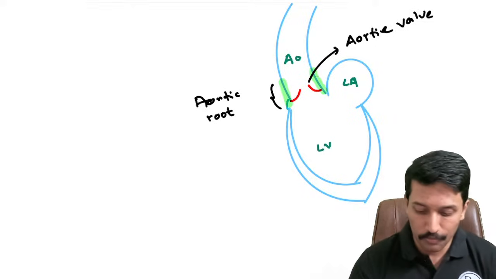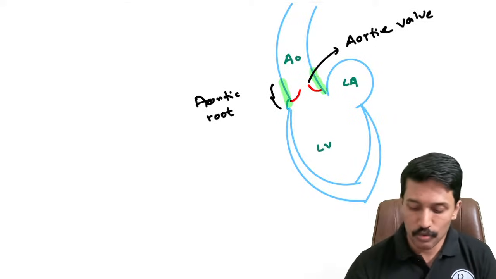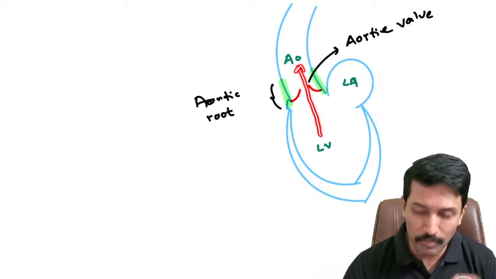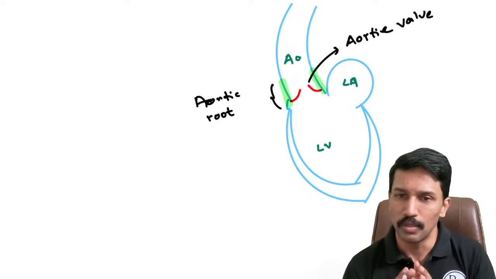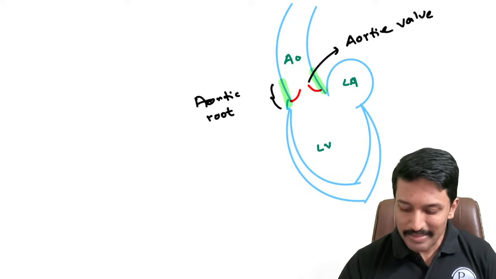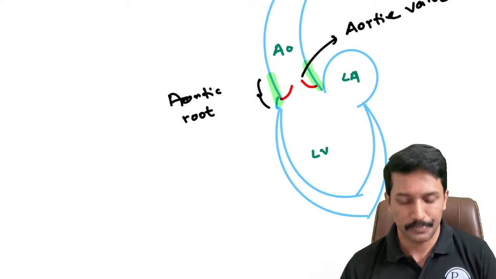And the reason why the aortic valve is there is to allow the unidirectional flow of blood from the left ventricle to the aorta and not allow the blood to flow back from the aorta to the left ventricle. Now, its normal opened size.